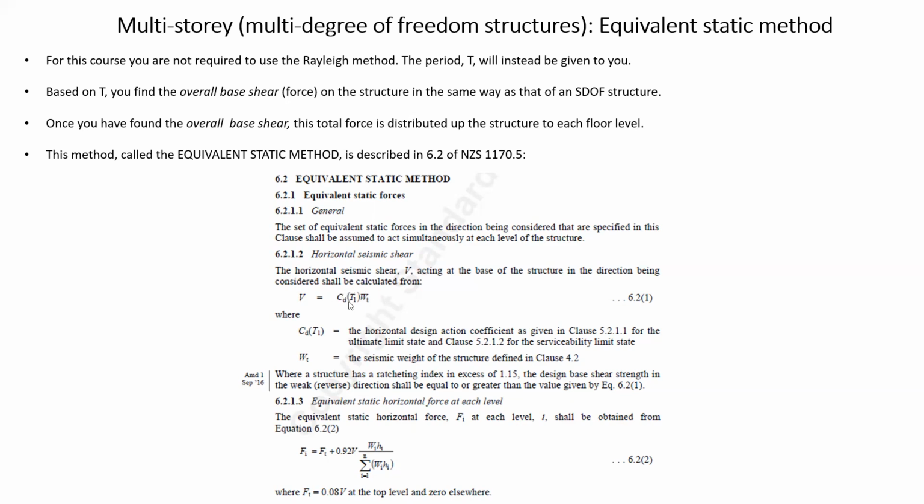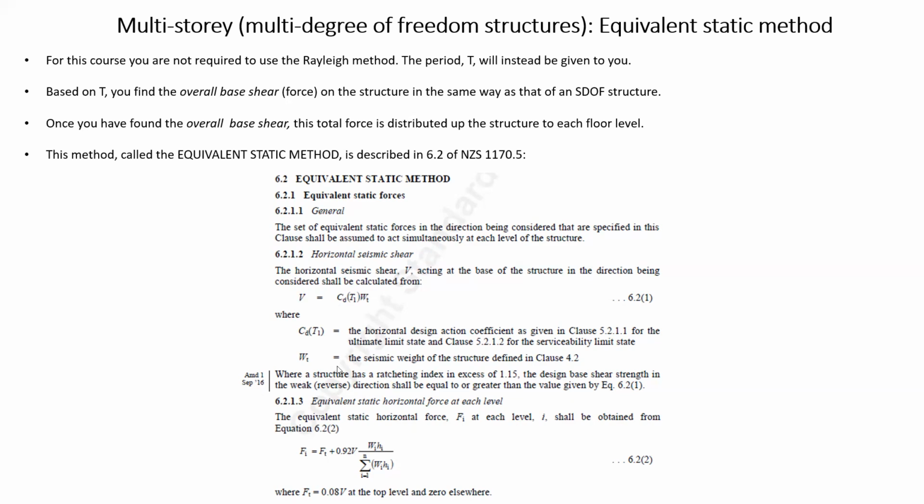If the acceleration is in g and you multiply it by the weight, that automatically comes out as V. Or the other way, if it is converted to meters per second squared, then the seismic weight would be M times g. So there are different ways to skin the cat.